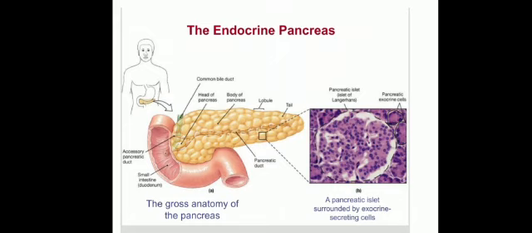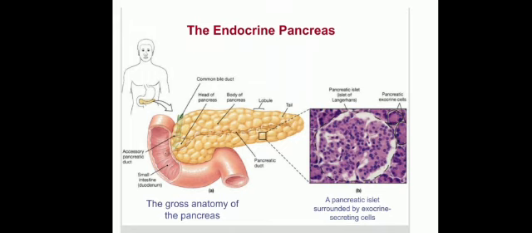Because of this strategic location of the islets of Langerhans, this arrangement permits the liver to be exposed to very high concentrations of insulin and glucagon compared to the peripheral tissues. And you all should remember that the liver is the central organ in nutrient traffic.